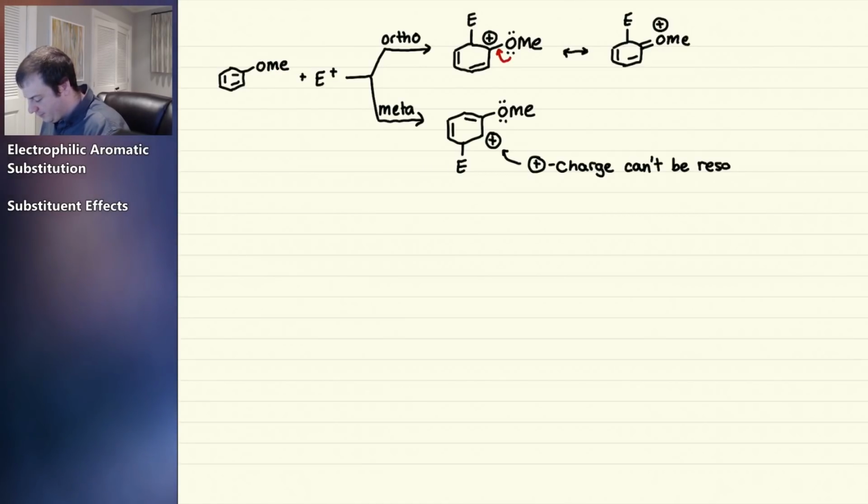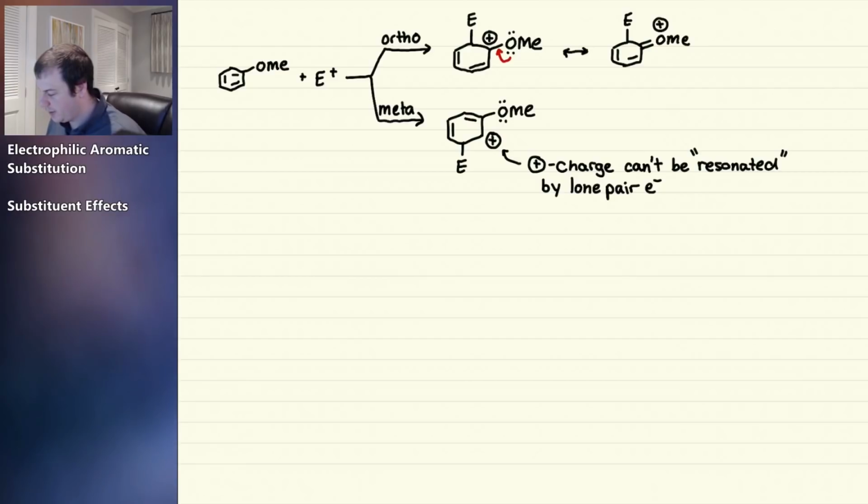I don't know that that is an official word, but it can't be resonated by the lone pair electrons of our donor group. In other words, we can't get there from here.